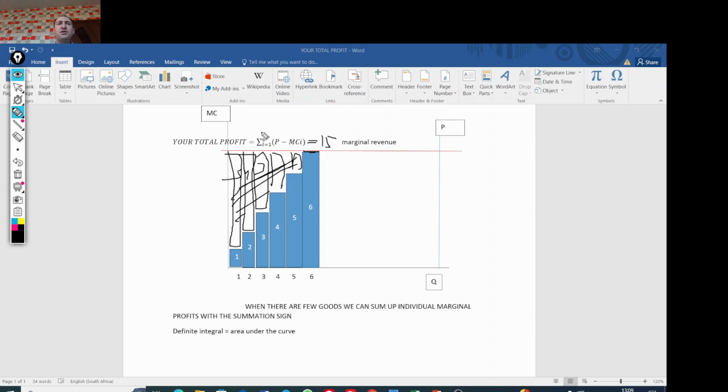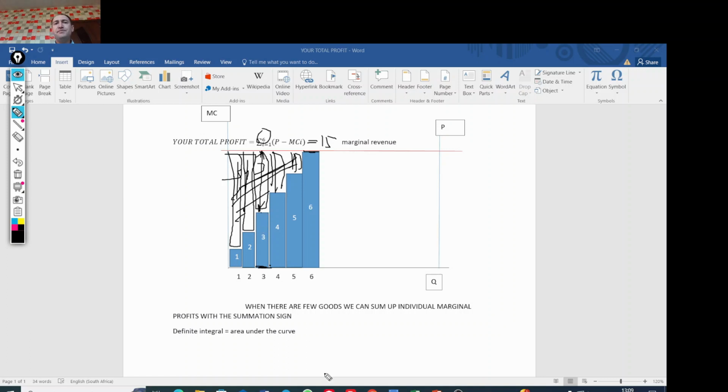So this was a summation process done manually. You do it manually because each bar has a unit width, and you just take the distance between the price and the marginal cost and multiply by unit width, which is 1, and you don't multiply by 1, what's the point? So you just sum up these distances. But of course, summing up distances, we are also summing unit areas of unit width with this elevation.